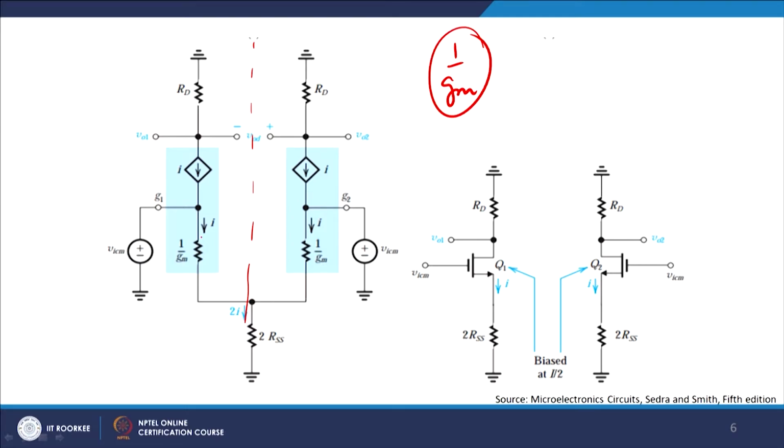So, I simply do a series connection between the current source and 1 by GM, and then 2 RSS, because 1 by 2 RSS plus 1 by 2 RSS in parallel will always give you RSS. And that is the reason when you do a half circuit, I get 2 RSS, VO1, RD, and then I get 2I by 2 current flowing, and this is what the general scheme of things is.